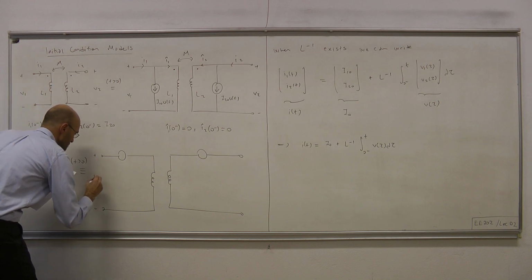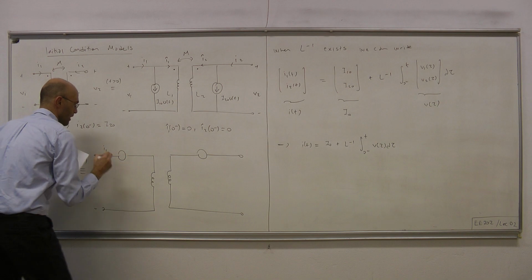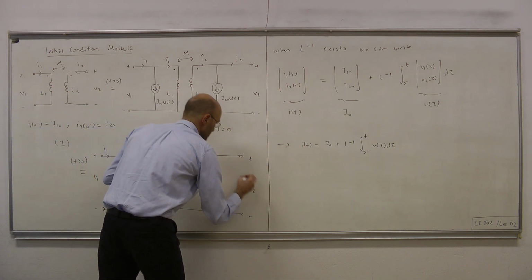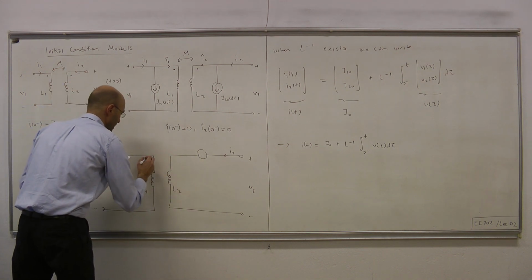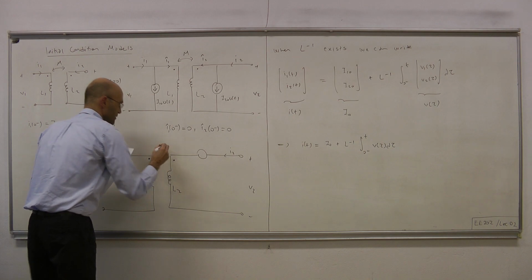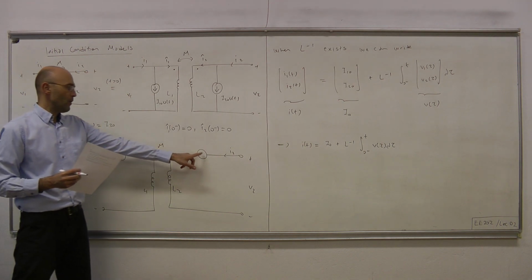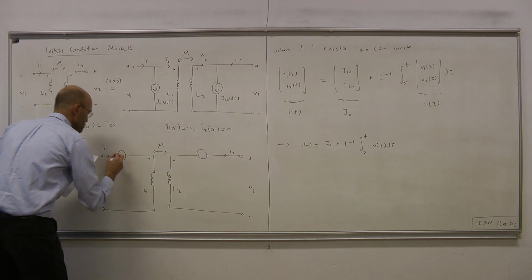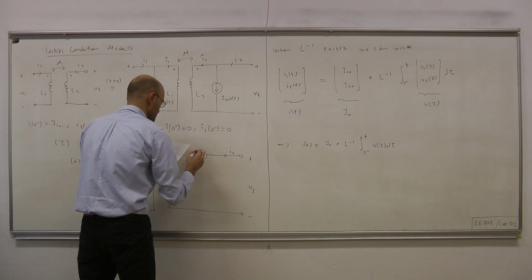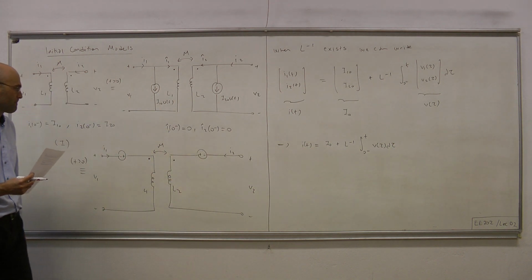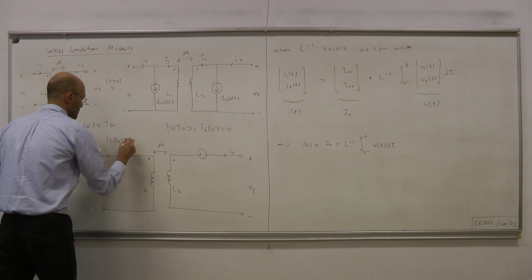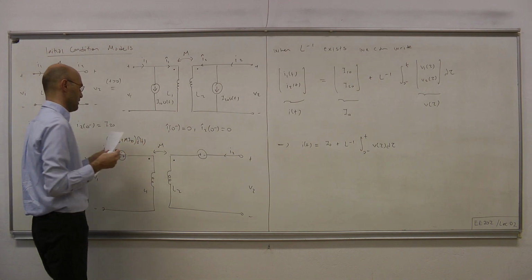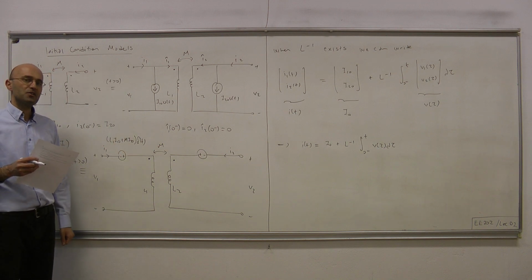Plus minus V1, this current is I1; plus minus V2, this current is I2. The parameters are the same, L1, L2, and mutual inductance M. Now how about these sources? They are independent voltage sources with polarity plus here, minus here, and the voltage is (L1 I1(0) plus M I2(0)) delta(t), where delta(t) is our unit impulse function.